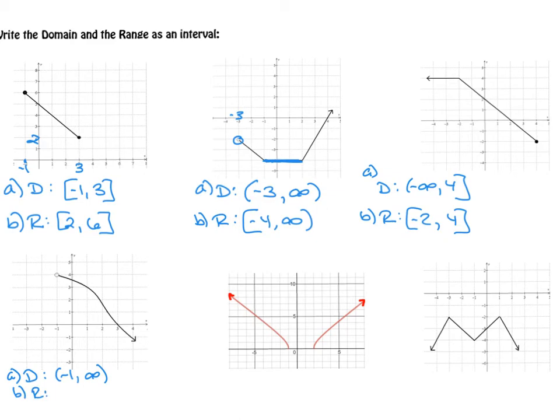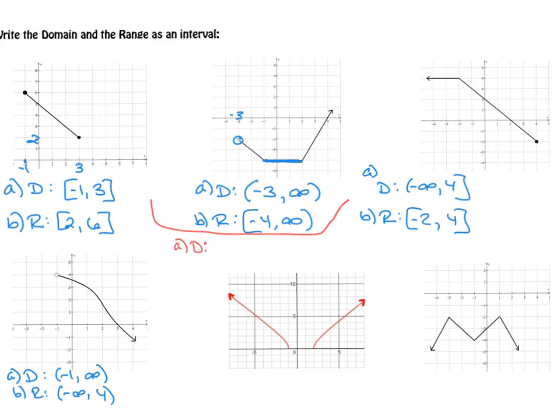And the range, well, the lowest that the graph gets because of the arrow is -infinity, but it stops at the top up there at y equals 4. And since there's an open circle, I'm going to put 4 with a parenthesis. Okay, the one in the middle, for closed captioning reasons, just in case, I'm going to put the domain up here and the range up above the graph.